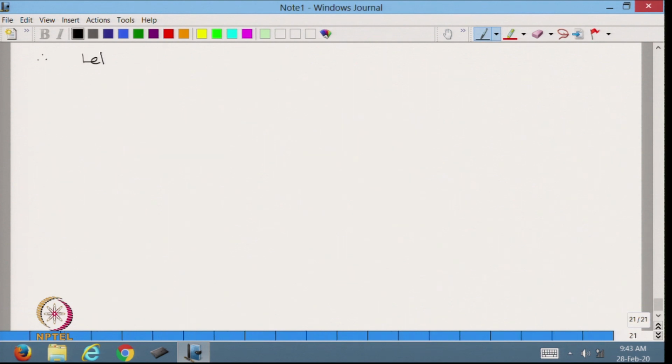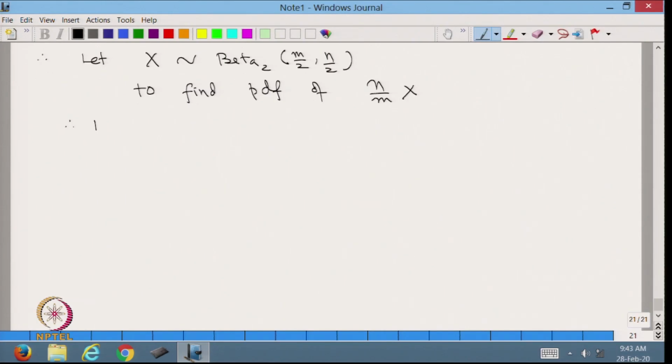Therefore, let x be distributed as Beta 2 with m by 2, n by 2 to find the PDF of n by m x. Therefore, let z is equal to n by m x. Therefore, x is equal to m by n z. Therefore, dx by dz is equal to m by n.